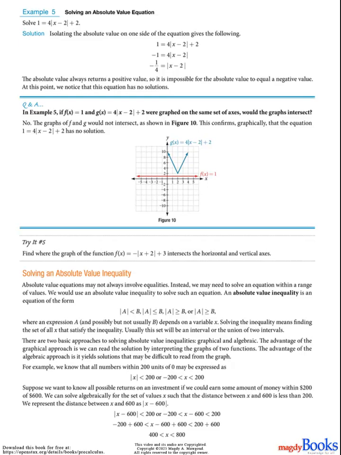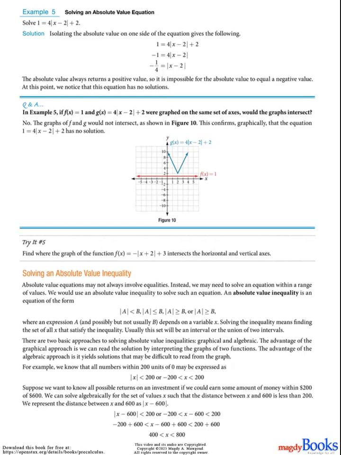Example 5. Solving an absolute value equation. Solve 1 equals 4 times the absolute value of x minus 2, plus 2. Solution. Isolating the absolute value on one side of the equation gives the following. 1 equals 4 times the absolute value of x minus 2, plus 2.